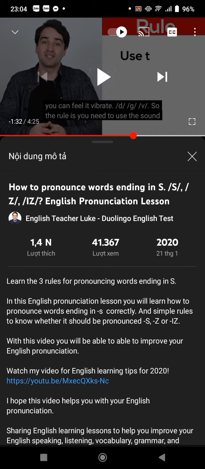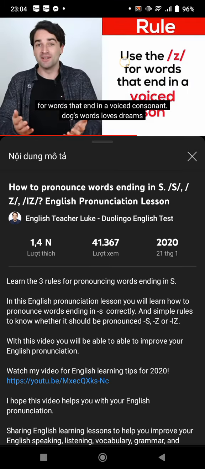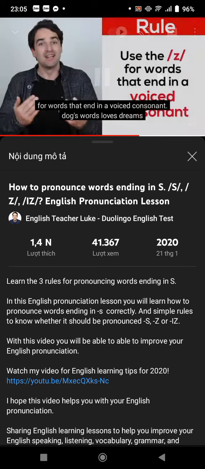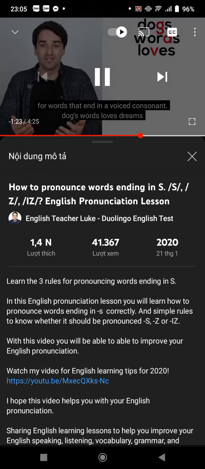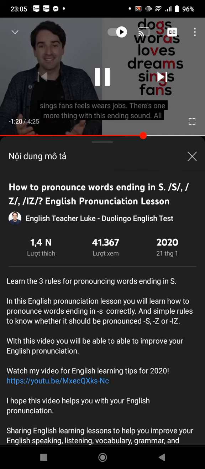So the rule is you need to use the Z sound for words that end in a voiced consonant. Dogs, words, loves, dreams, sings, fans, feels, wears, jobs.